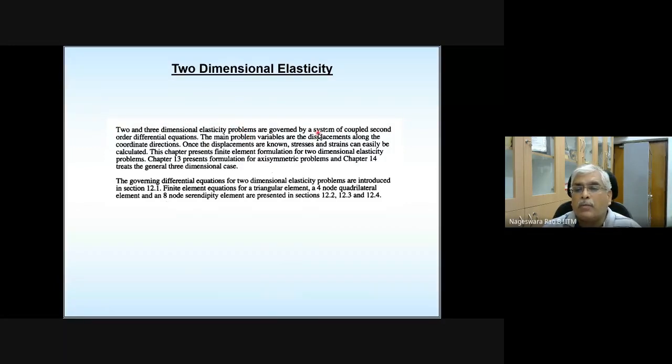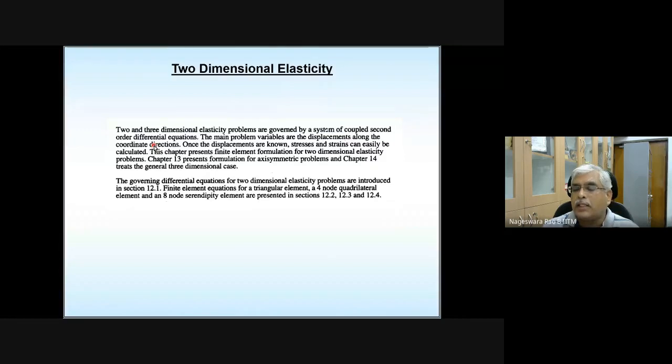So now let's go through two and three-dimensional elasticity problems, which are governed by a system of coupled second-order differential equations. So far, we have looked at the general two-dimensional boundary value problem and how to solve a second-order differential equation, so we can directly apply those concepts here. The main problem variables are the displacements along the coordinate directions.